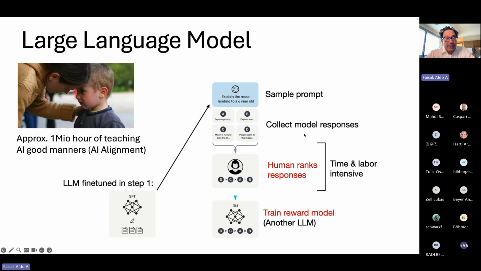And this is very labor intensive. And again, in the case of ChatGPT, people assume it took roughly 1 million hours of paid human interaction to teach AI systems good manners. And for cost reasons, these were maybe not done with the most educated people in California, but probably with people who are willing to work for minimum wage. We know also that a lot of this work has been carried out, for example, in Africa.